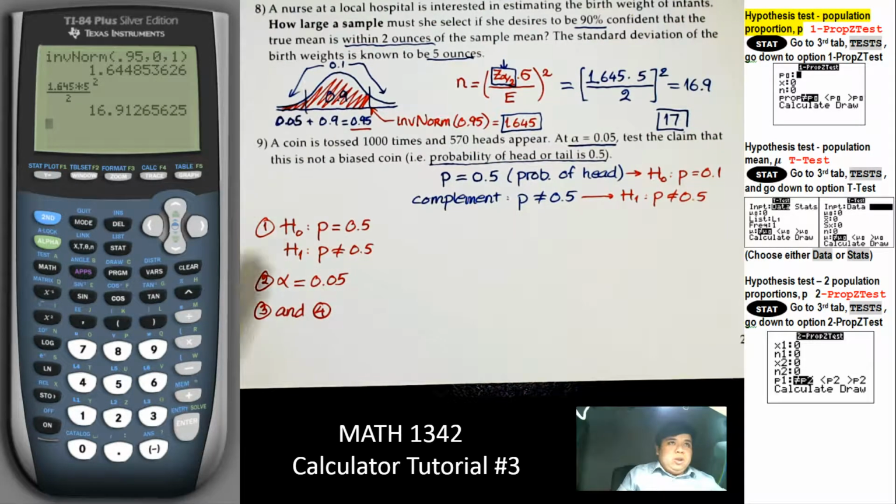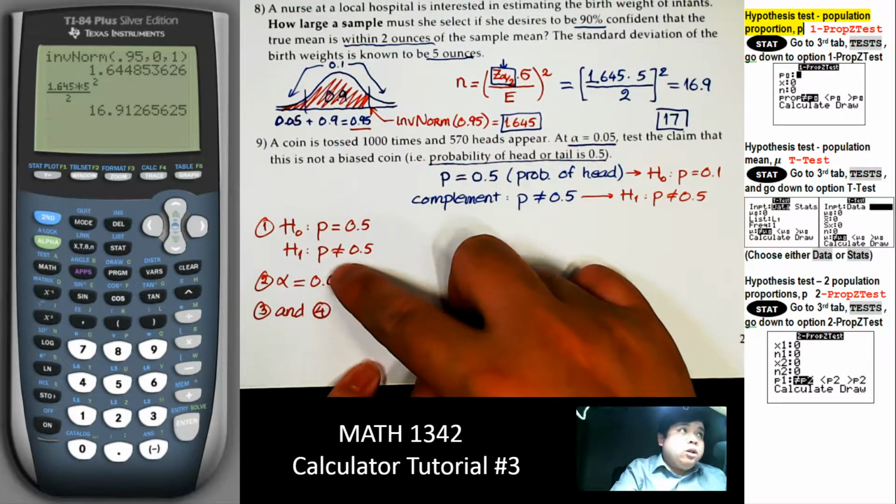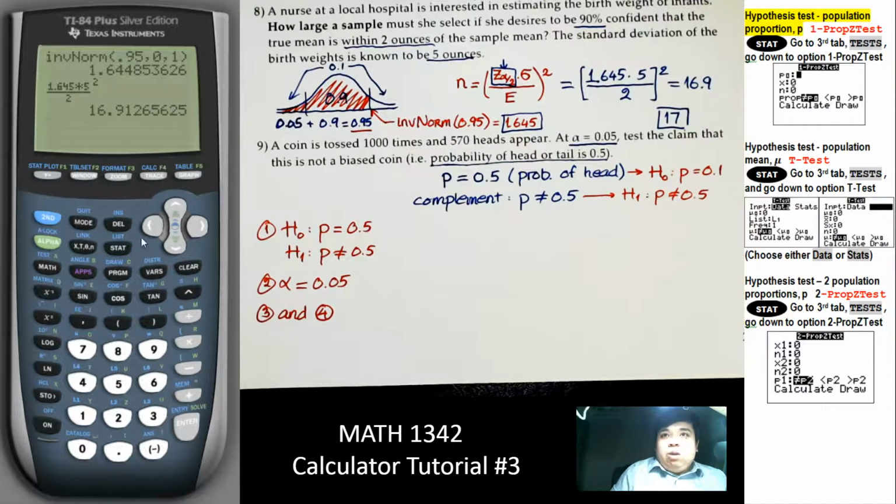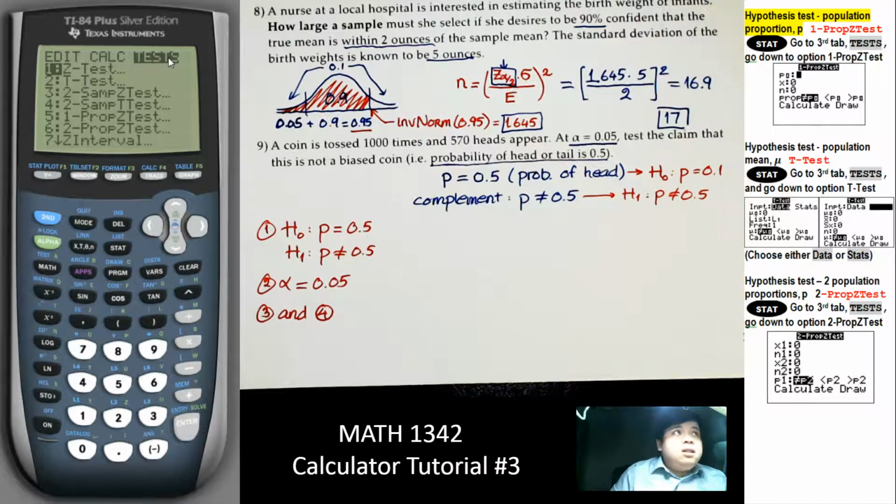Right. Steps 3 and 4. We use the calculator. What we have is we're going to do a test, and we have a proportion. Like I said, all the tests will be in the stat, and under the test, the third tab. So we go to this one, proportion z test. So the proportion will go with the z test, the mean will go with the t test most of the time.